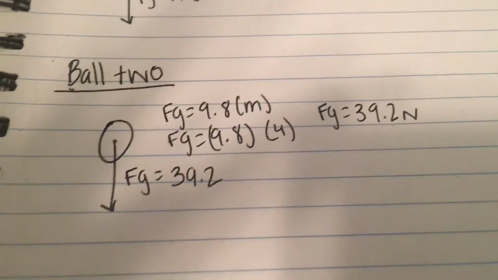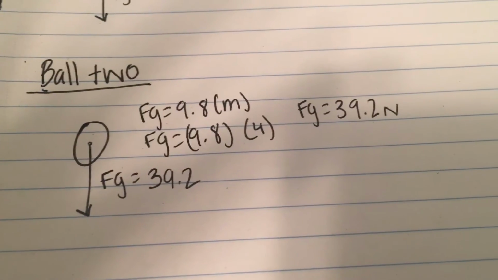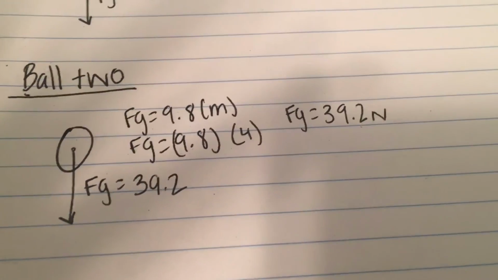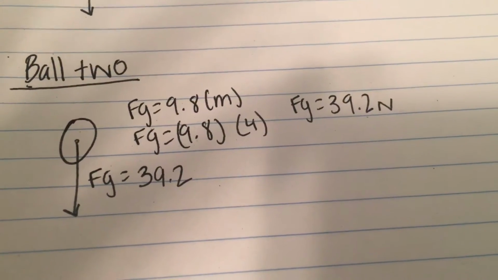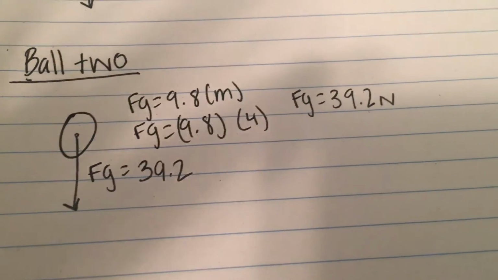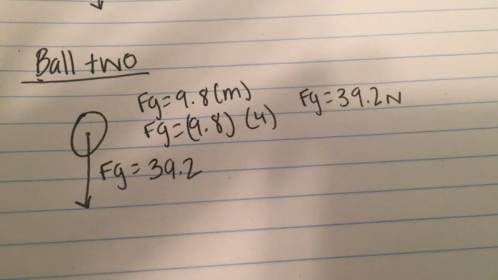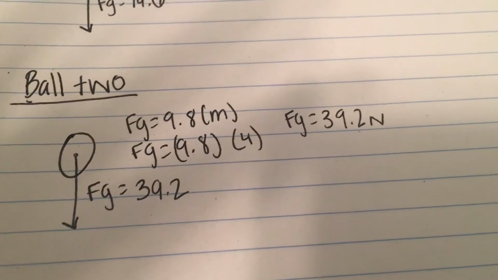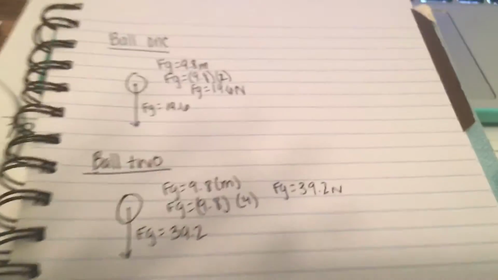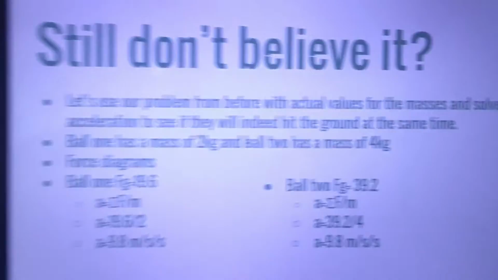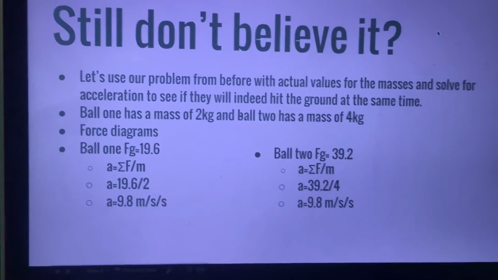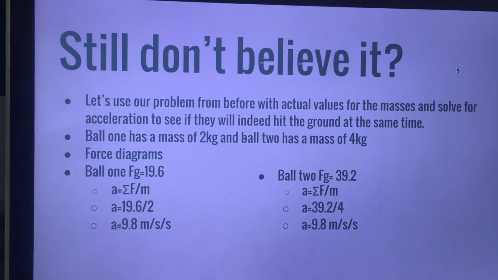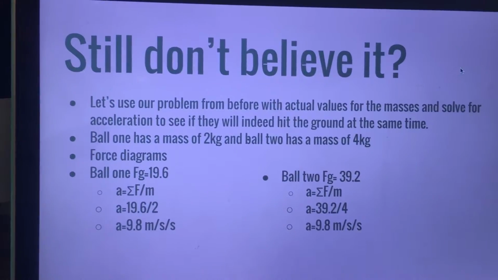Then for ball 2, we have force of gravity equals 9.8 m again. So force of gravity equals 9.8 times 4, since that's the mass in kilograms of the object. And then when you multiply that out, you get the force of gravity equals 39.2 newtons. So those are our two force diagrams for this problem. If we go back up to our screen, we know that ball 1 has a force of gravity of 19.6.